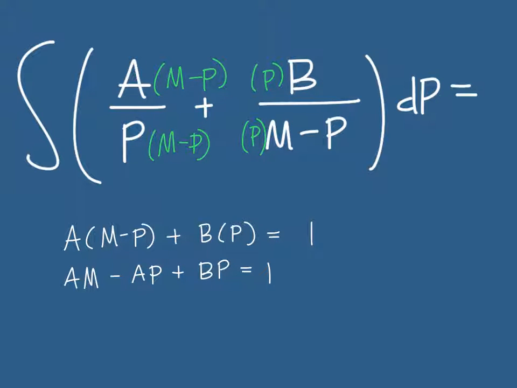Keep in mind, p is the variable. It helps me to say it's not just 1, but it's 1 plus 0 p's. So then I can match up am is the constant that matches to 1, and negative ap plus bp has to be equal to 0.